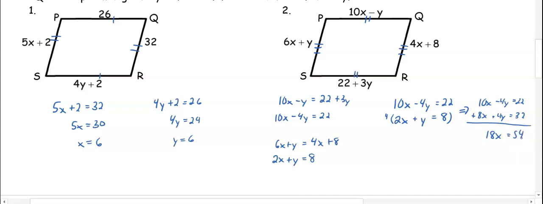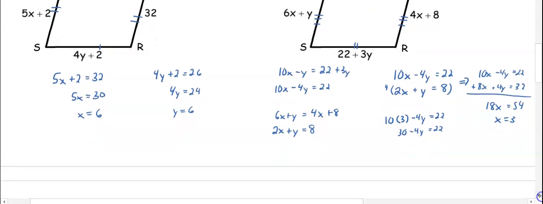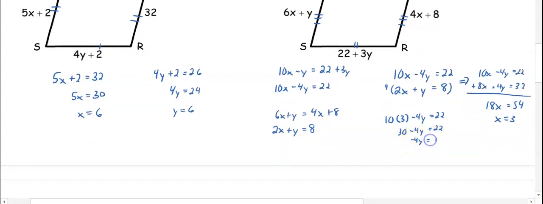When we divide by 18, x is 3. Then we can substitute back in. So 10 times 3 minus 4y equals 22. 30 minus 4y equals 22. Negative 4y equals negative 8. When we divide by negative 4, y is 2. So we have 3, 2.